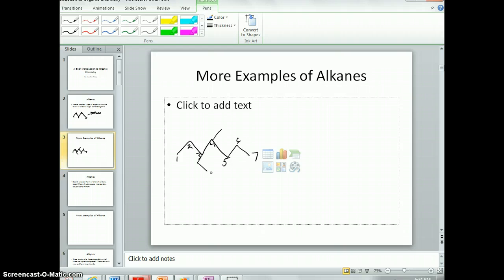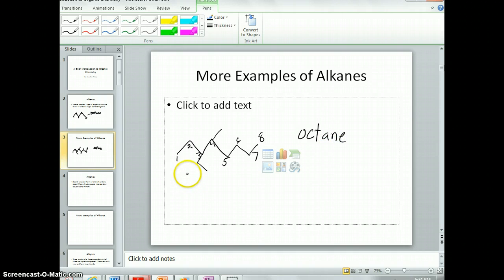I'll just make this one more, we'll make this 8, so it works out nicely. So we have 8, that's our longest chain, so we know that our root word is oct. And since it is also an ane, we can add our ending.